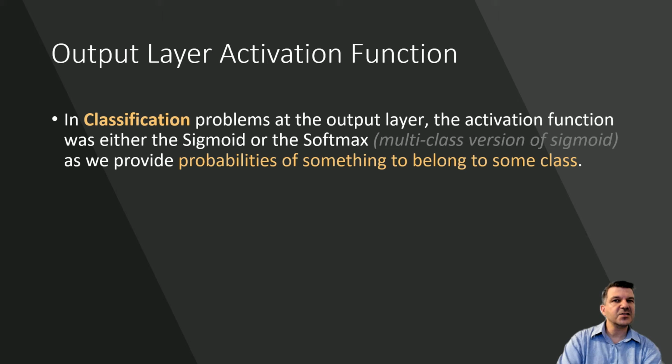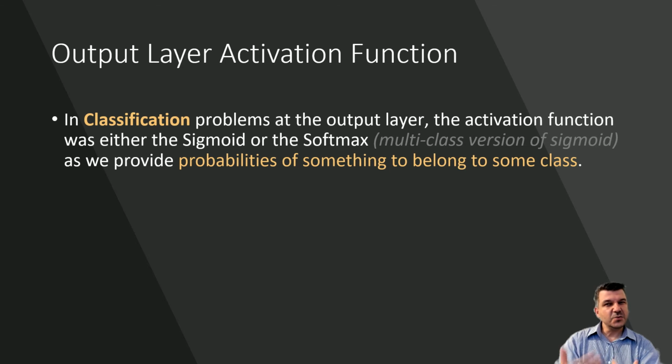So, how likely is it that this image I was presented belongs to a cat, for example. So at the final layer, we should come up with something that provides probabilities. And sigmoid provides probabilities because it produces a number in the range between 0 and 1, and thus it's used in classification problems.